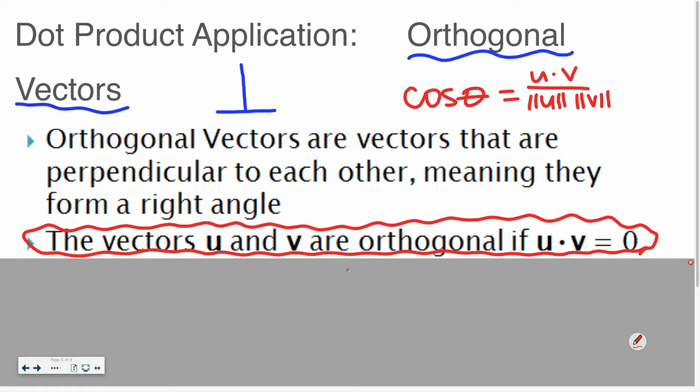You don't actually have to go through the finding of the angle. Once you get that dot product to be 0, you know that in your formula it's going to be the cosine of theta equals 0, and theta would be 90 degrees. So if your dot product is 0, you're done. You know those two vectors are orthogonal.